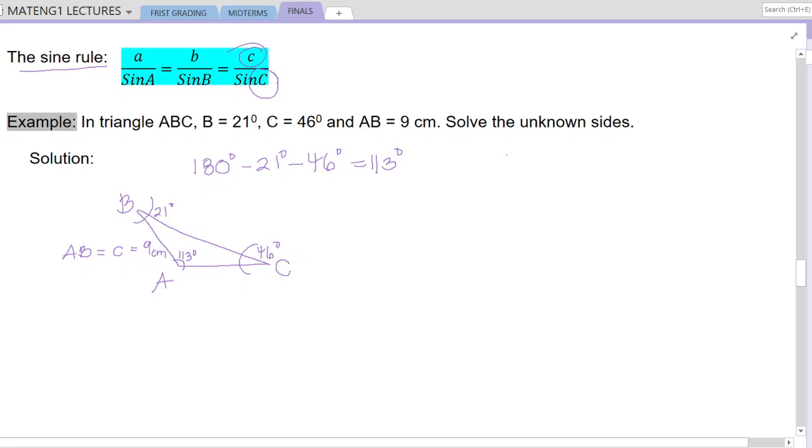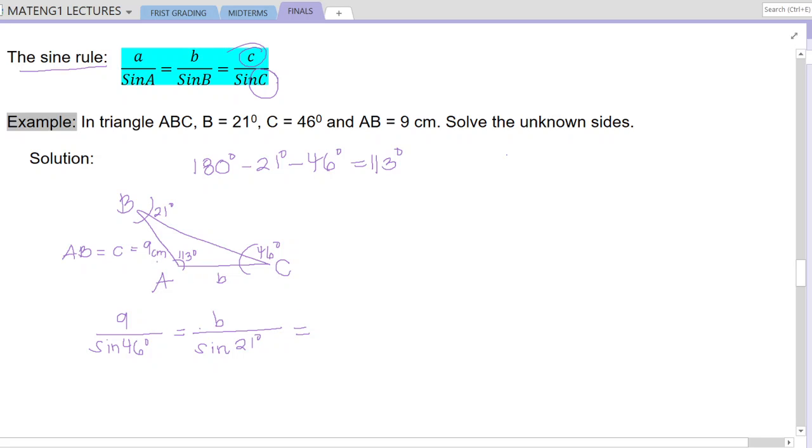Okay, so getting the given, that is 9 centimeters is to the opposite angle, which is C, and that is sine 46 degrees, and that is equal to the unknown, which is AC, or that is small letter b. Okay, so that is the opposite side of the angle B, that is sine B, which is 21 degrees, and that is equal to c also.